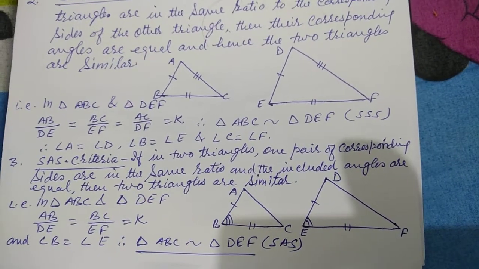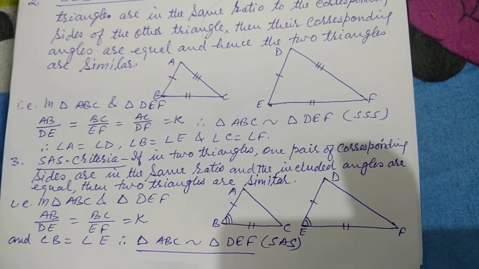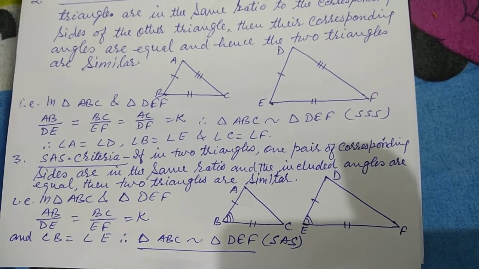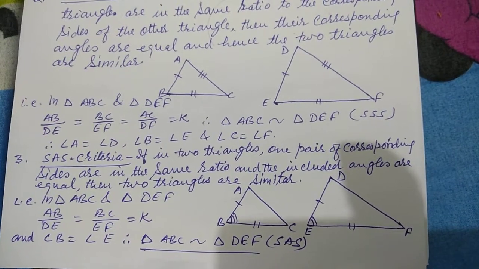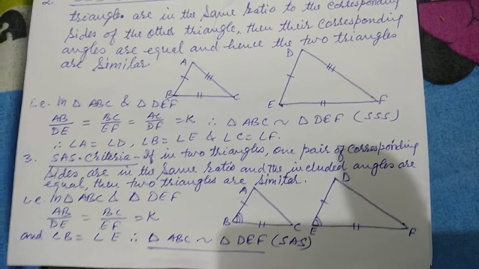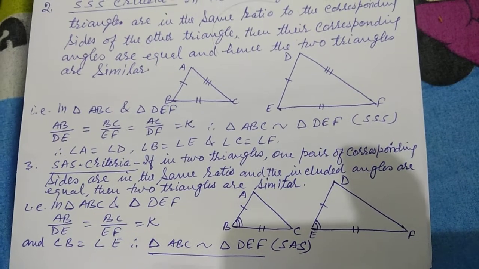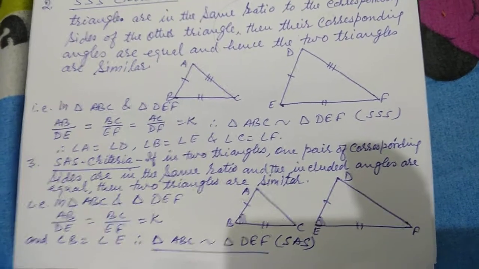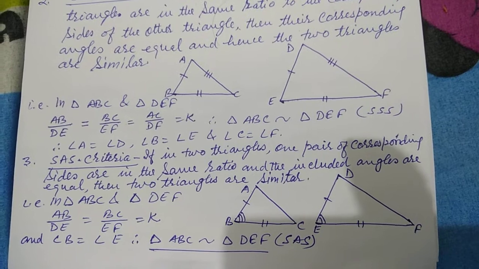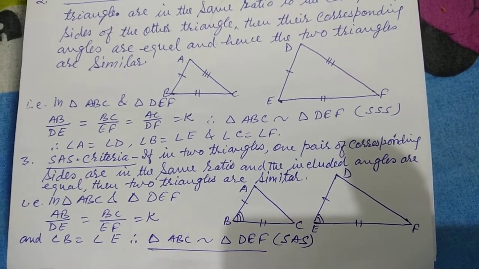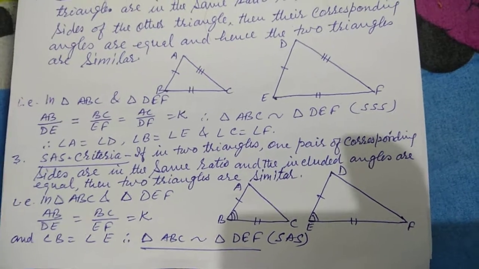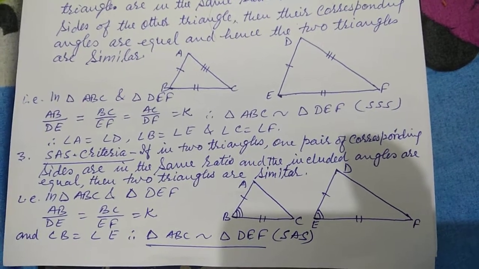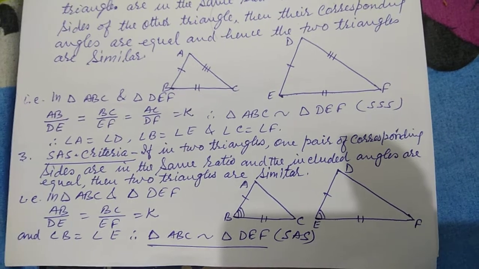The ratio between AB and DE is equal to BC upon EF, and the included angle between AB and BC is B, and the included angle in DEF is E. So if angle B is equal to angle E, then triangle ABC is similar to triangle DEF. This criteria is known as SAS similarity criteria.